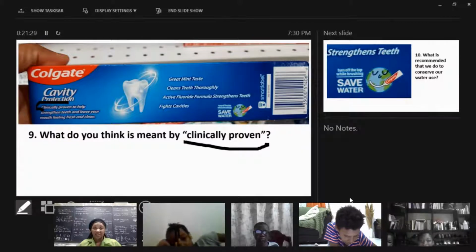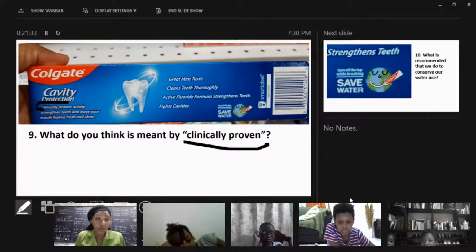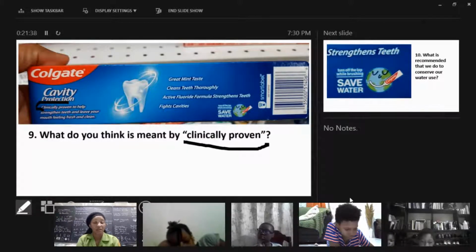In addition to that, it is used, as you all mentioned, in the dentist's office, in clinics and hospitals, yes.